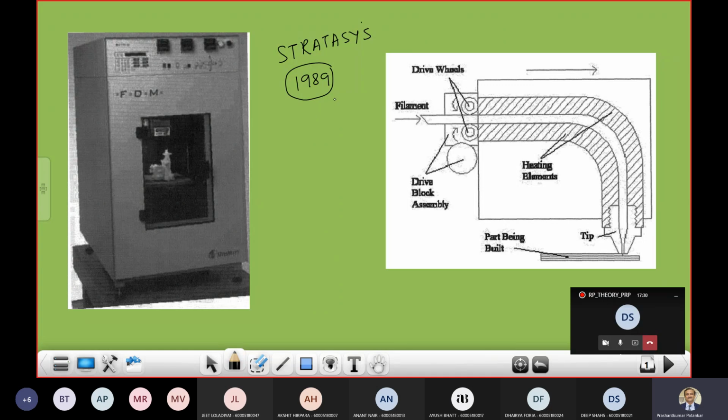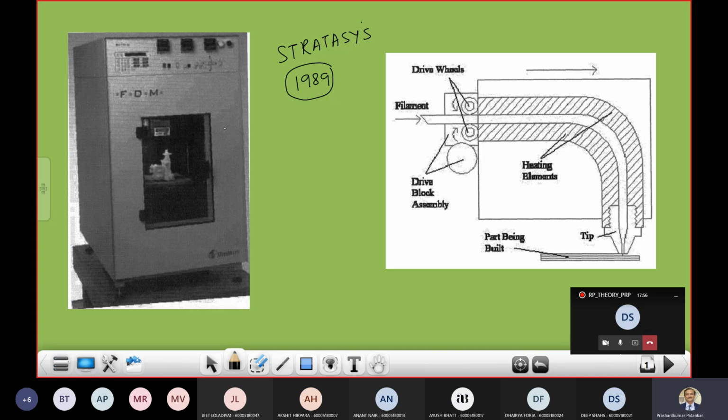FDM basically uses an extrusion process to build three-dimensional models. Stratasys introduced its first rapid prototyping machine, the 3D Modeler, somewhere around 1992.